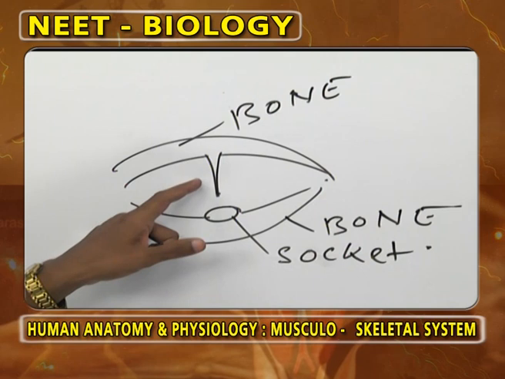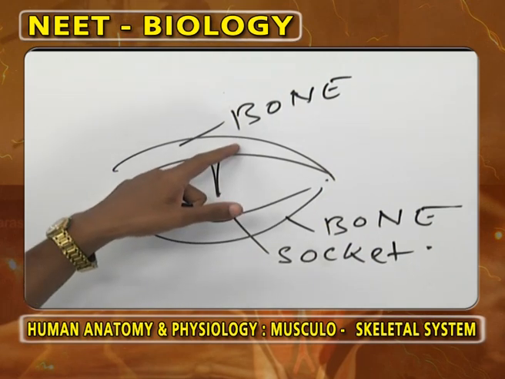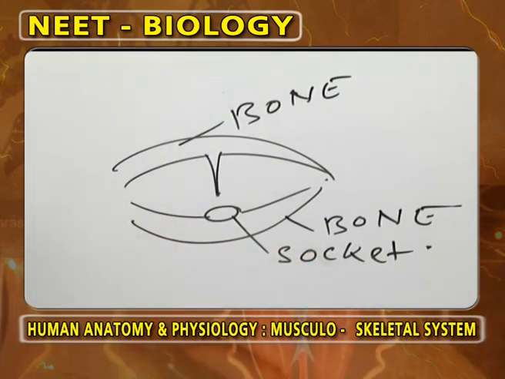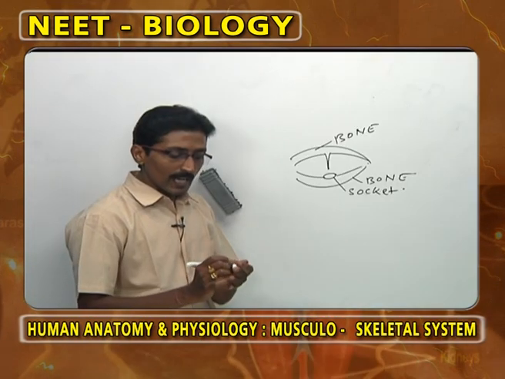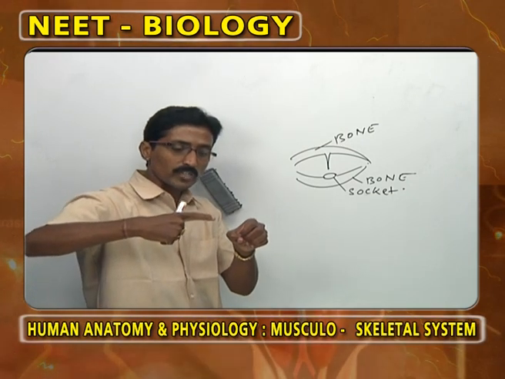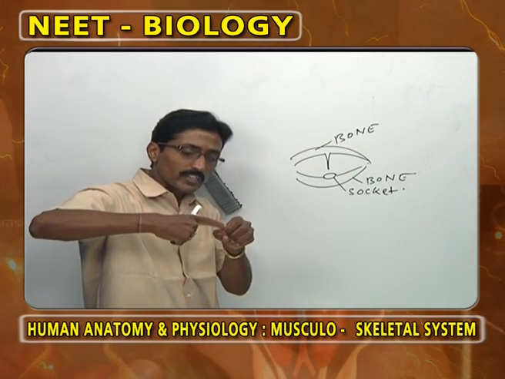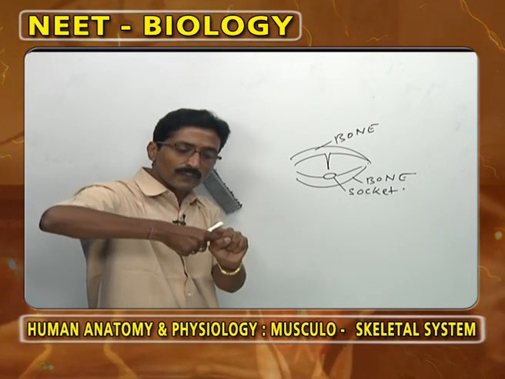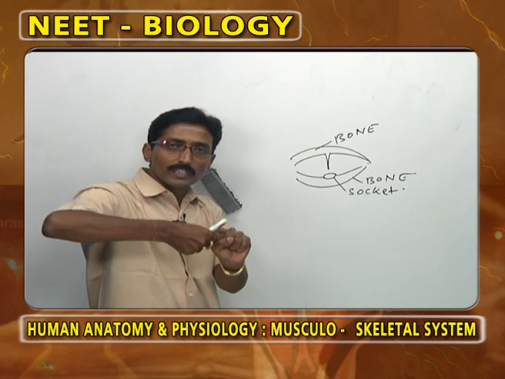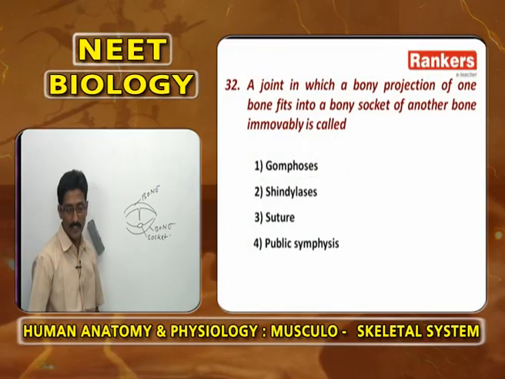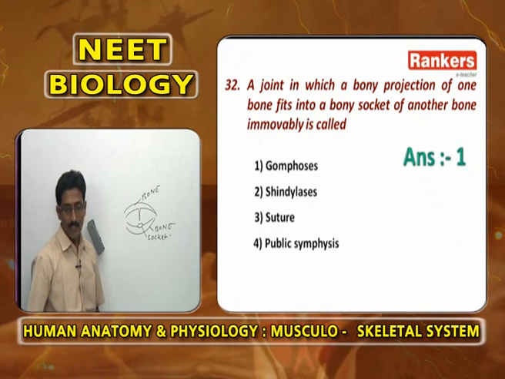The bony projection of one bone inserts into the socket of another bone. There is no free movement, it is immovable. That we call gomphosis. The answer is gomphosis. Now we go for the next question.